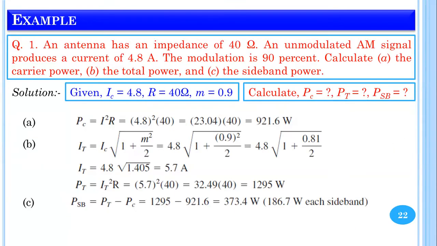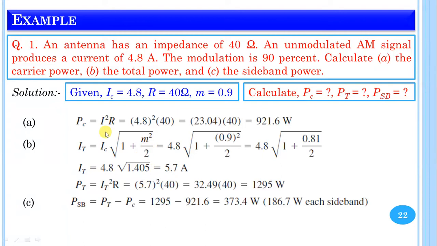Here we are taking one example, and in this example we need to calculate the carrier power, total power and sideband power. These parameters are given in example 1, and these we need to calculate. So simply we can calculate the carrier power, which is equal to Ic square by R. Similarly, It is equal to Ic root of 1 plus m square by 2.